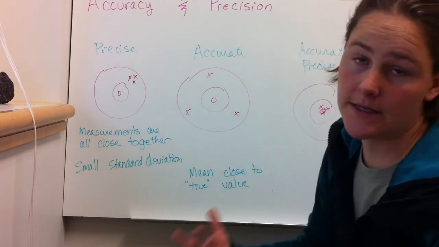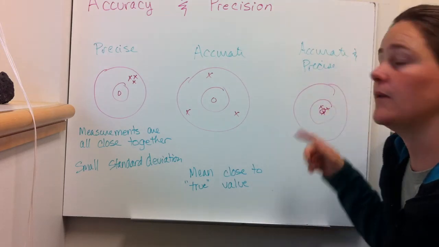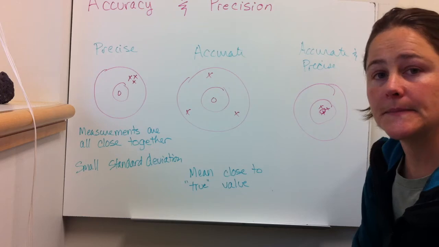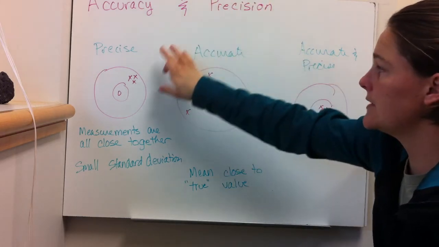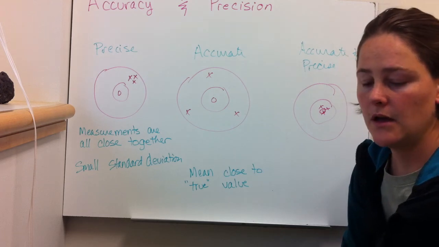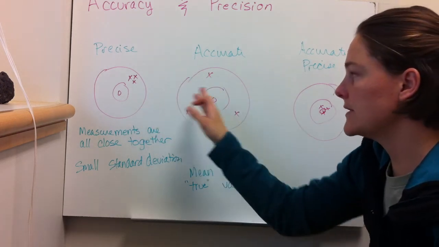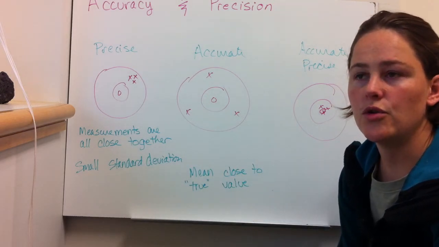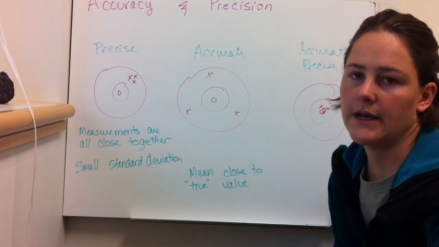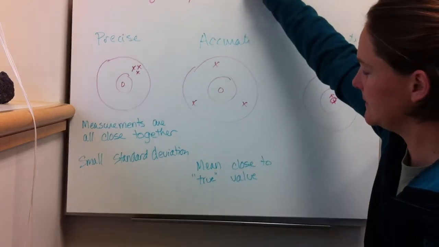Ideally you would like measurements that are both accurate and precise, always hitting the center of the target. If you are precise but not accurate, that might indicate some systematic error. If you are accurate but not precise, then you would generally be looking at a random error.